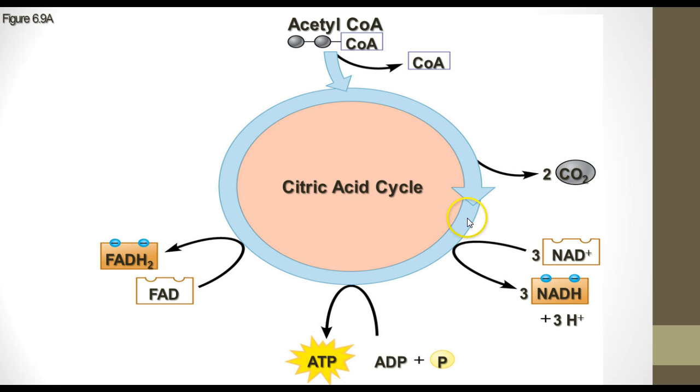We're going to produce 3 molecules of NADH, another molecule of ATP by substrate level phosphorylation, and a molecule of FADH2, another electron carrier. In the process of all this rearranging, we're going to reconstitute the 4-carbon compound that we started with before we added the 2 carbons from acetyl-CoA.